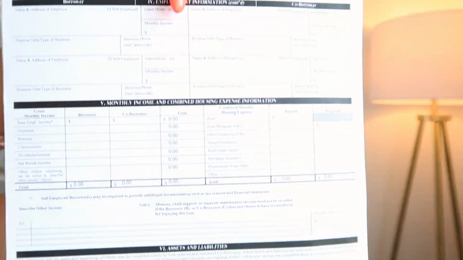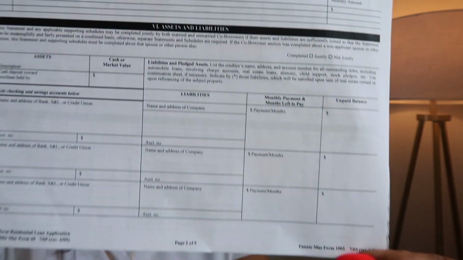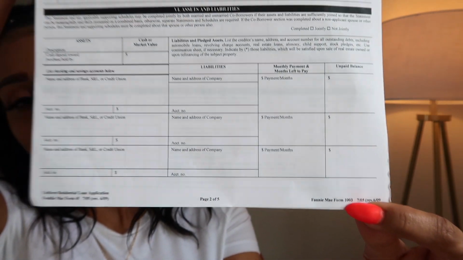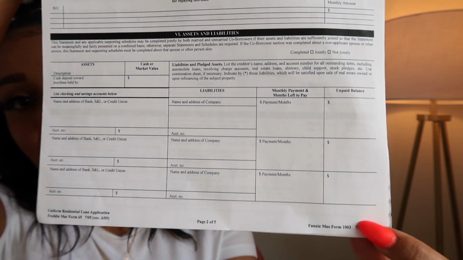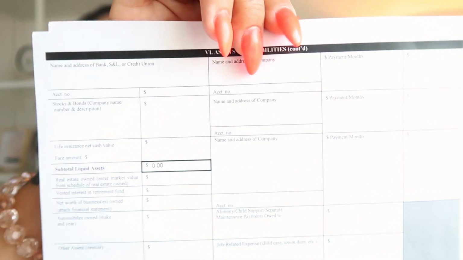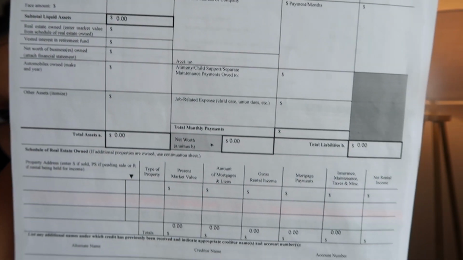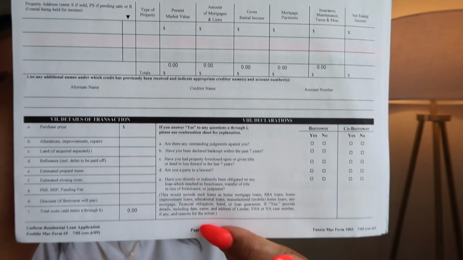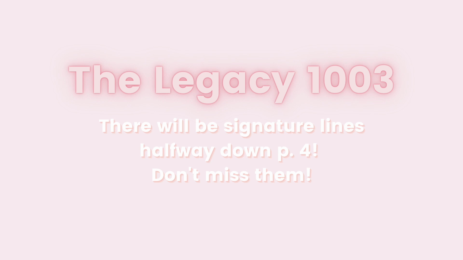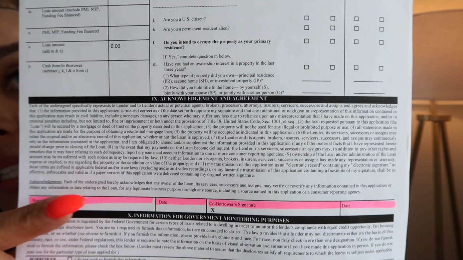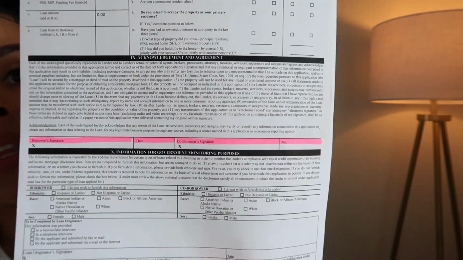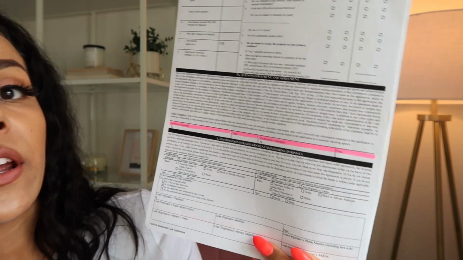Page 2 does not require any signatures or any initials, but if it did require initials, they would be right here. Page 3 does not require any signatures or any initials. All right, page 4 of the Legacy 1003 requires a signature and date halfway down the page. So again, you will not have highlighter to indicate where a signature goes.